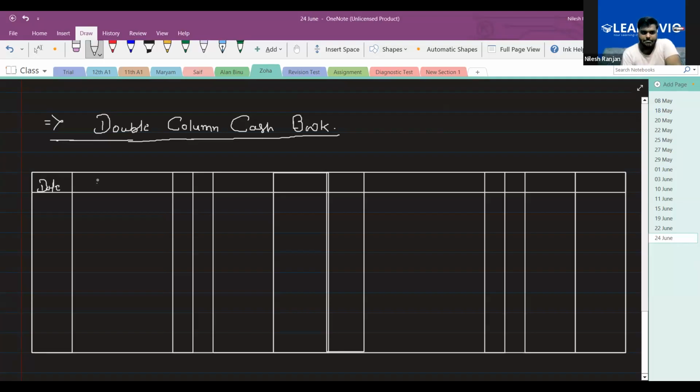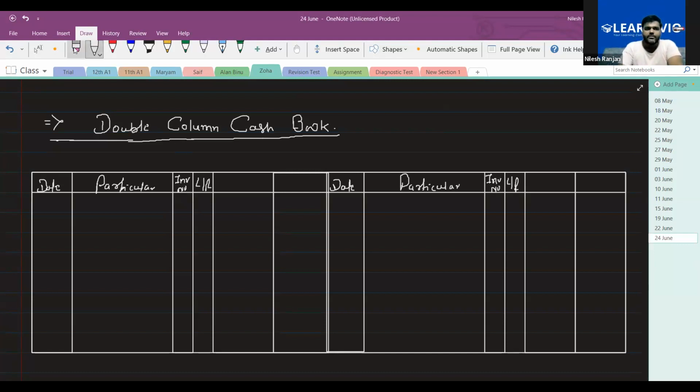This is date, particular, invoice number, ledger folio. Again, date, particular, invoice number, and so on. Now there are two columns for amount. These two columns are for amount.